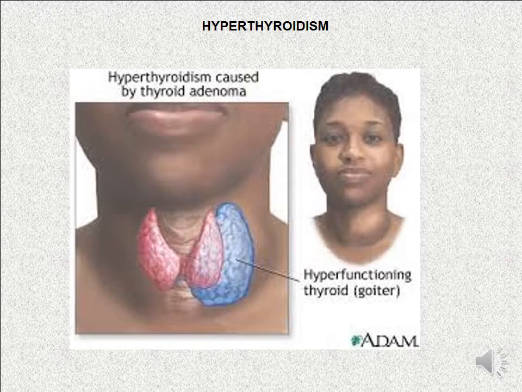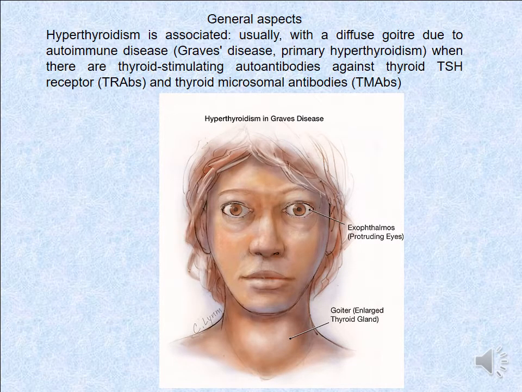Now we start with the most important disease, called hyperthyroidism. This causes an increase in secretion of the thyroid gland, and this hyperthyroidism can be caused by thyroid adenoma. So a hyperfunctioning thyroid gland is called a goiter. Hyperthyroidism is usually associated with a diffuse goiter due to autoimmune disease like Graves' disease, primary hyperthyroidism, when there are thyroid-stimulating autoantibodies against the thyroid-stimulating hormone receptor, TRAb antibodies, and thyroid microsomal antibodies.